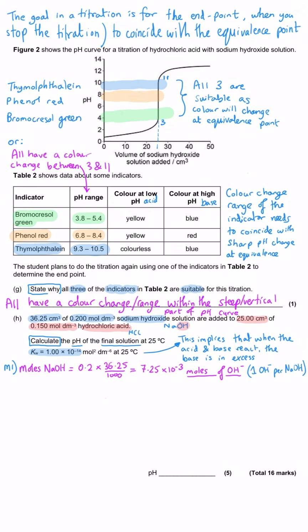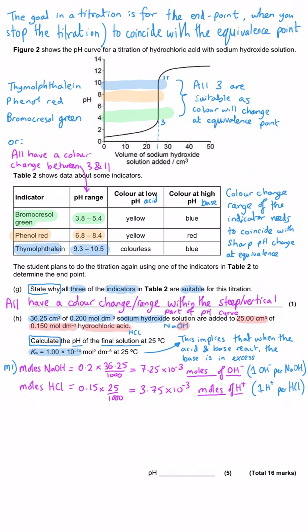And then similarly for the hydrochloric acid, the amount in moles would be 25 divided by 1,000 multiplied by 0.15. So that's 3.75 times 10 to the minus 3 moles of that, which again will be the same as the moles of hydrogen because this is a monoprotic acid. So that would just be 1 mark there for the 2 starting moles.